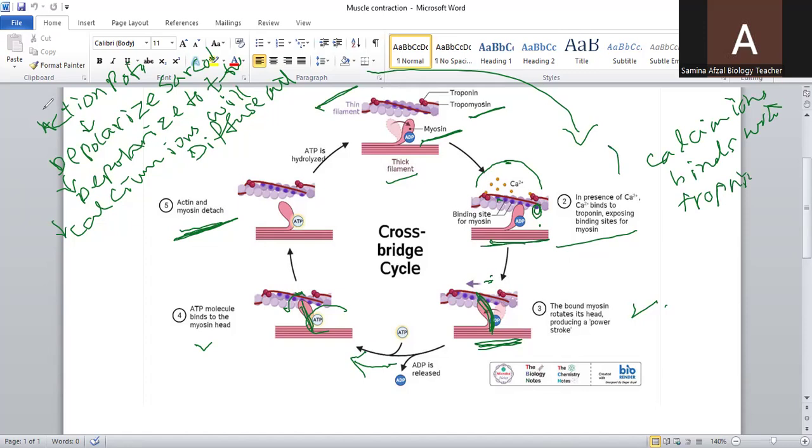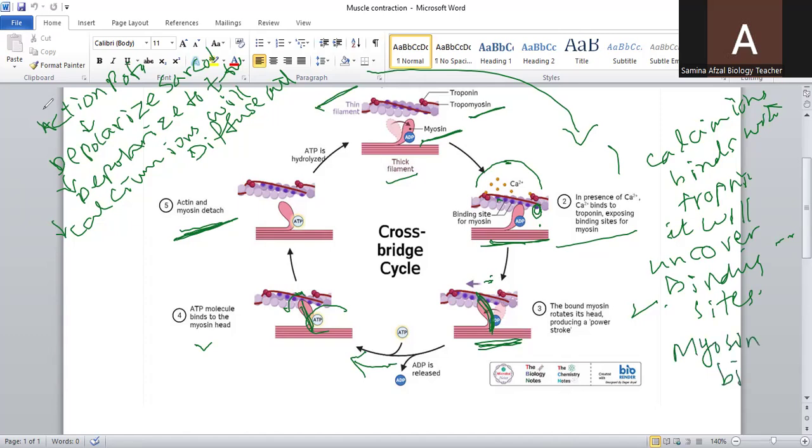And then it will uncover the binding sites, and then myosin will bind. Here you can see the myosin binds, and then after the binding of myosin, there is formation of the cross bridge. So this is a cross bridge.